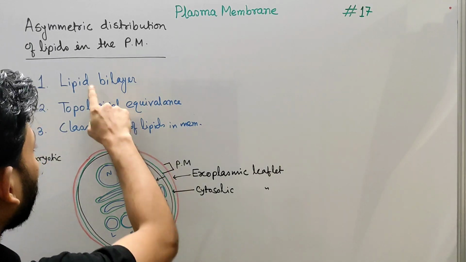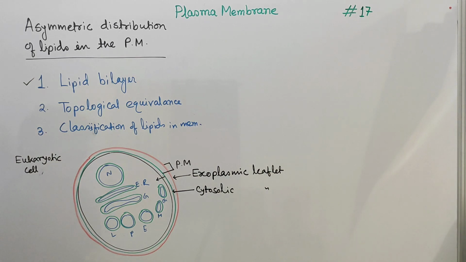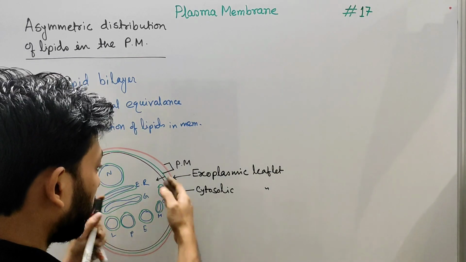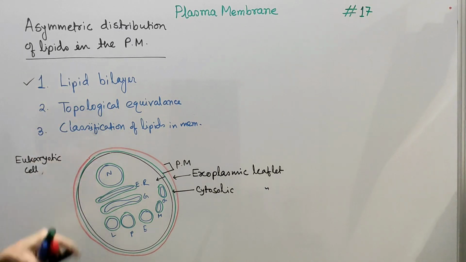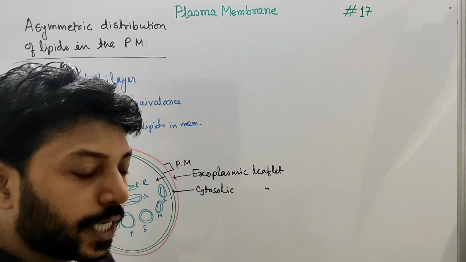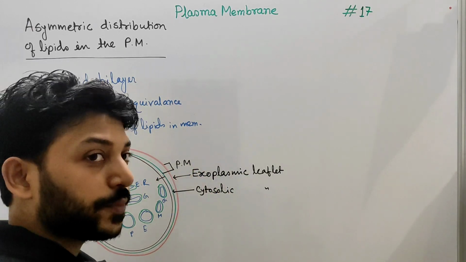This is the first point we have understood: if we see the plasma membrane with the help of electron microscopy, we will find two layers. But I have mentioned that all the membranes are lipid bilayer, so there will be another lipid layer in the case of intracellular organelles. Now, here comes the topological equivalence. In the case of the plasma membrane, the layer that is outside is called the exoplasmic leaflet.